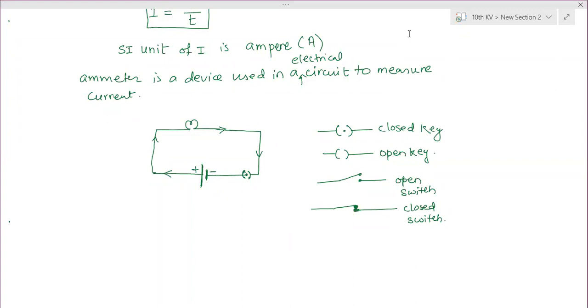Now, if you change one direction, what will happen? All those laws will start changing. We would have to change everything. So why work on that? If considering the current from positive to negative is not harming anything and is satisfying many different laws and rules given by the scientists, why change it?